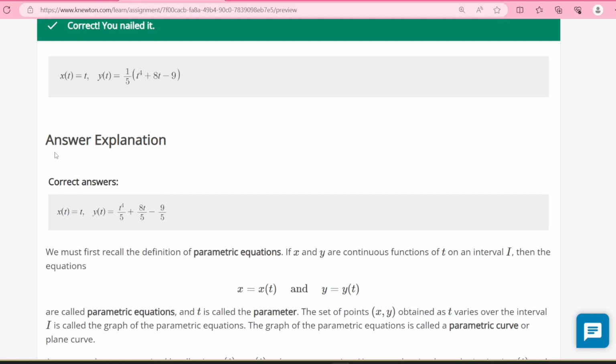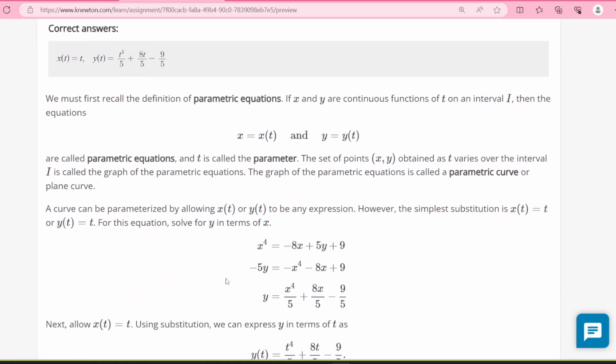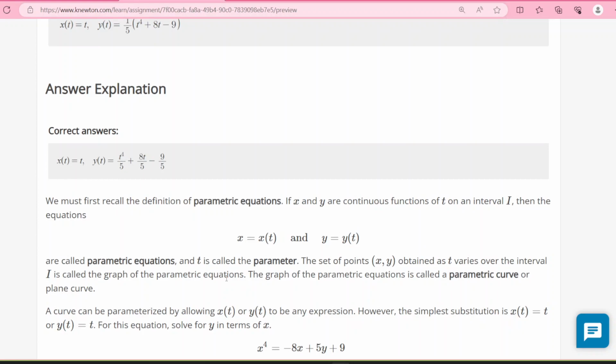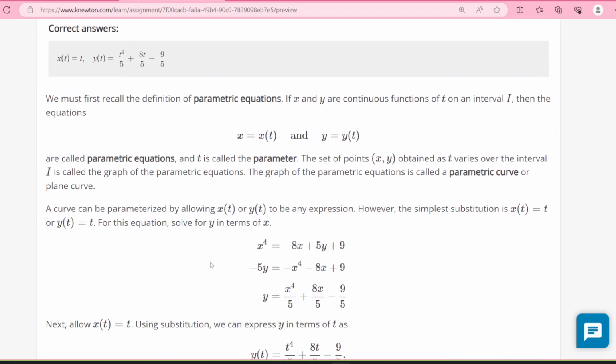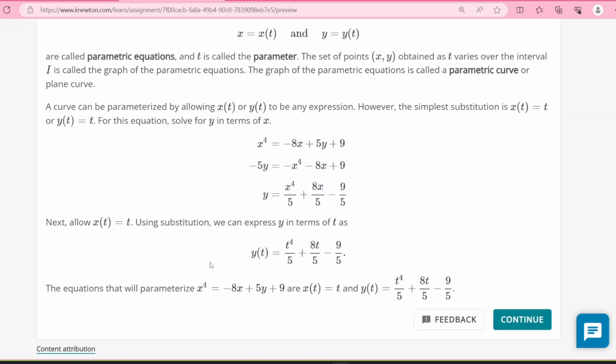And then after you submit an answer, you'll be given some sort of answer explanation. Please look through these. If you were correct, glance through them to make sure you got it right for the right reasons, that you didn't just guess correctly.